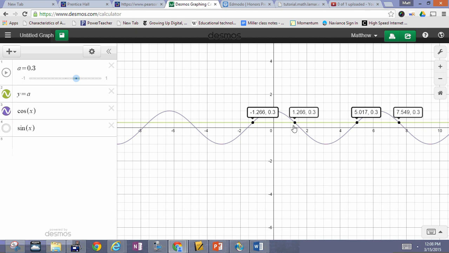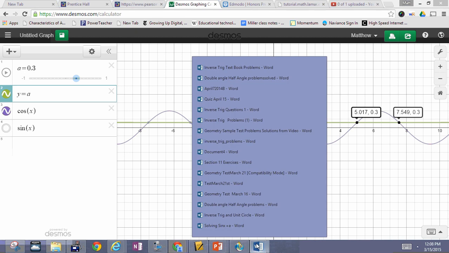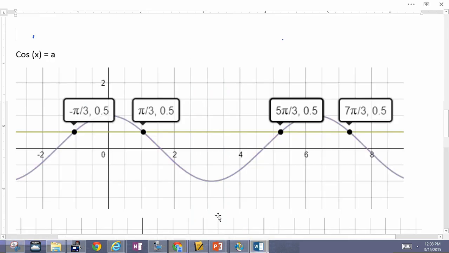The second solution is going to be in the fourth quadrant, 2 pi less than that, right here. Or, owing to the symmetry of cosine, we can say it happens at whatever value this gives us, and the opposite of that value. So let's summarize that.